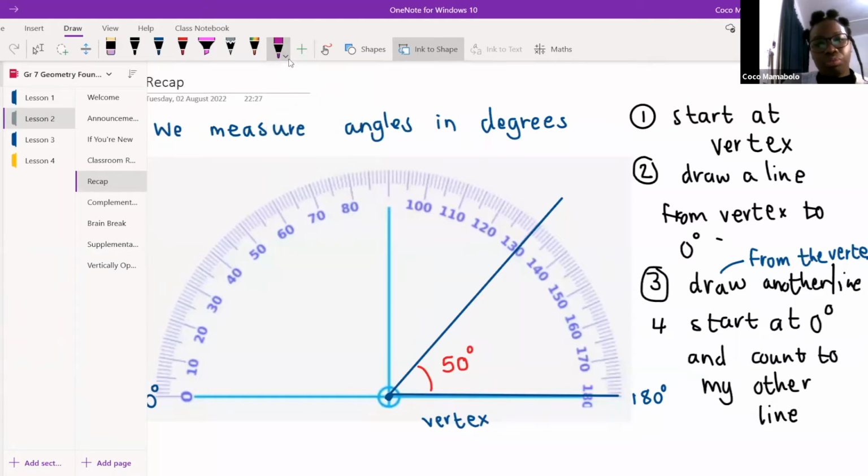Because this starts at 180, I'm going to go 180 degrees minus, and my second line is at 130 degrees.